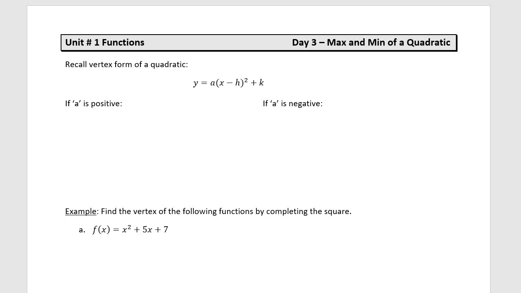So remember, for vertex form, we've got 3 important pieces of information. We've got A, which is our direction of opening, and our vertical stretch.